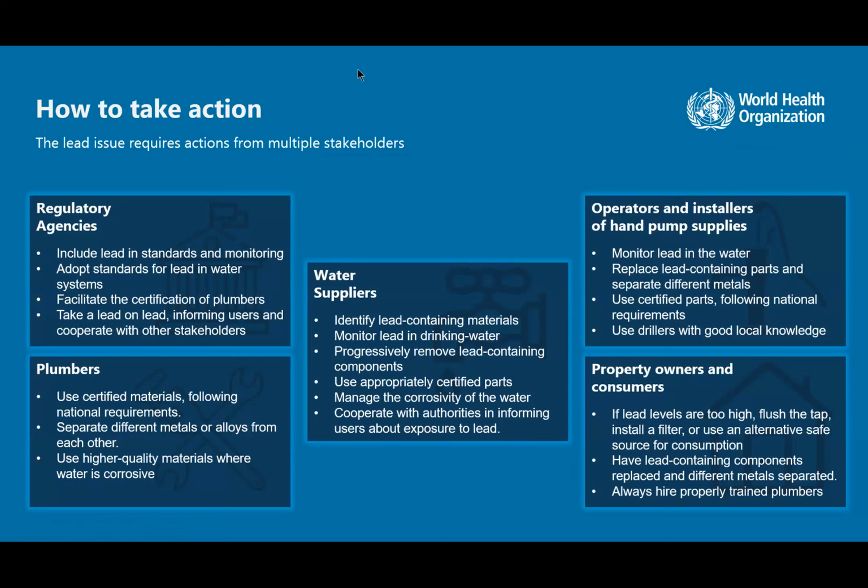And then, of course, a lot of this responsibility, frankly, in many countries is on the householders themselves, because the water supplier's responsibility may end at the property line. So there's a responsibility that is sometimes borne by households to take care of things themselves: making sure they're flushing or installing filters, or making sure the plumbers they work with are trained.